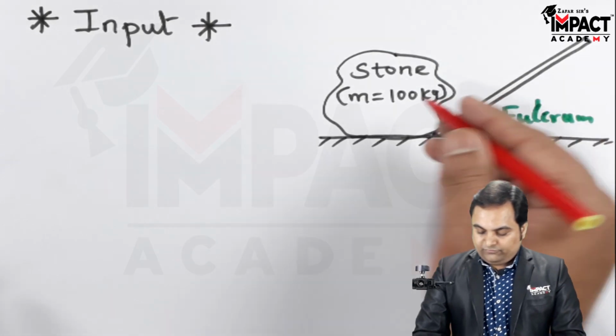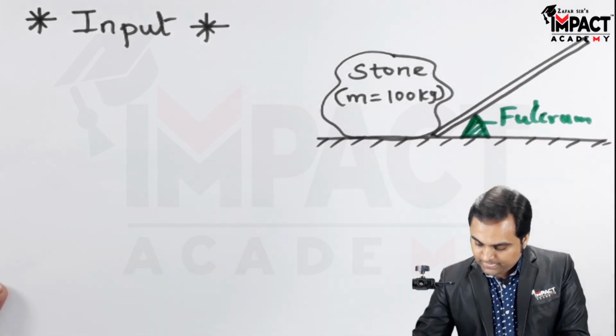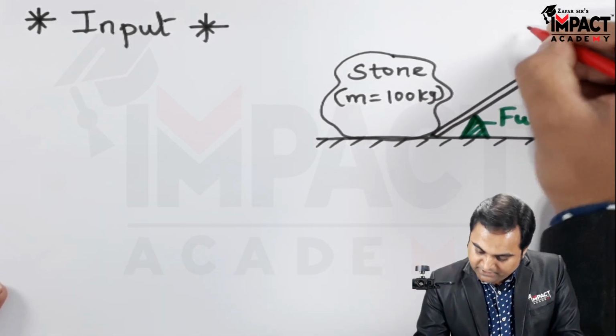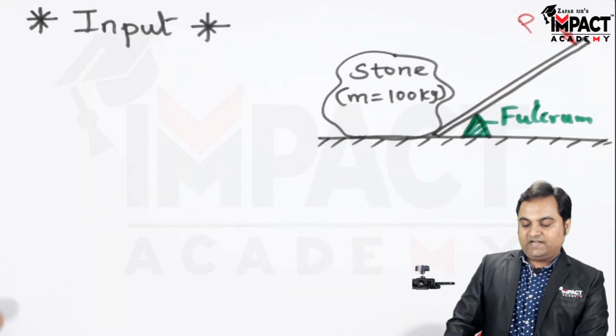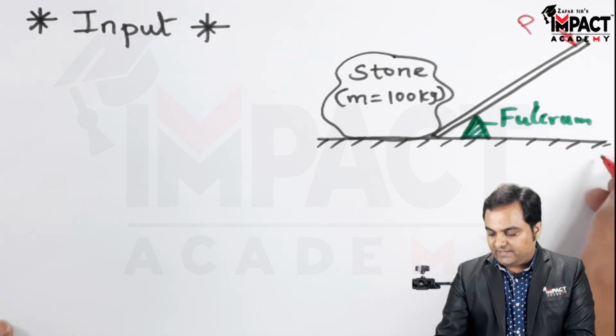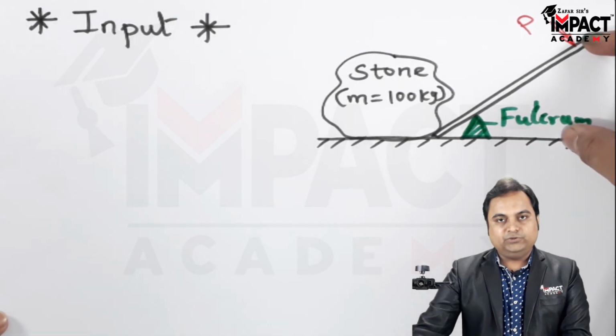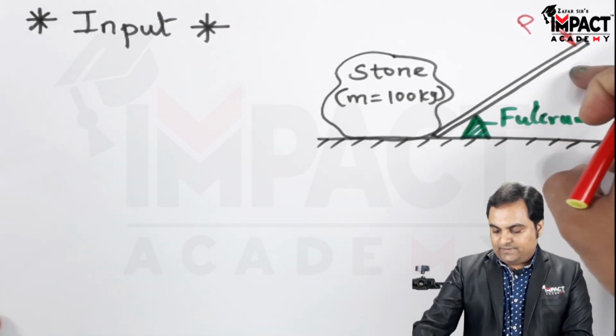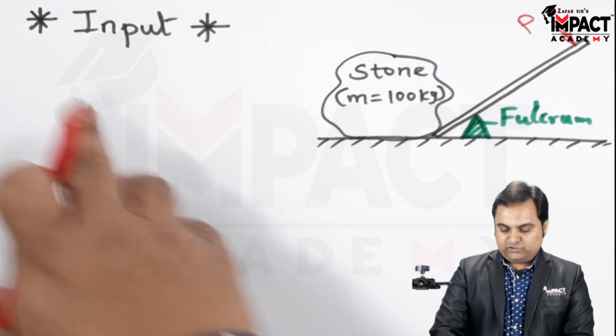Now in order to move this heavy load, we need to apply effort at the end of this handle, and the distance which is covered by this effort would be denoted as y, and the work done by this effort is called input.